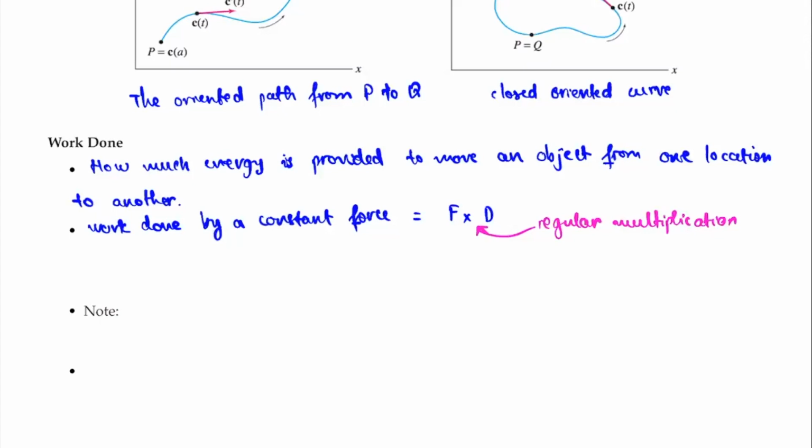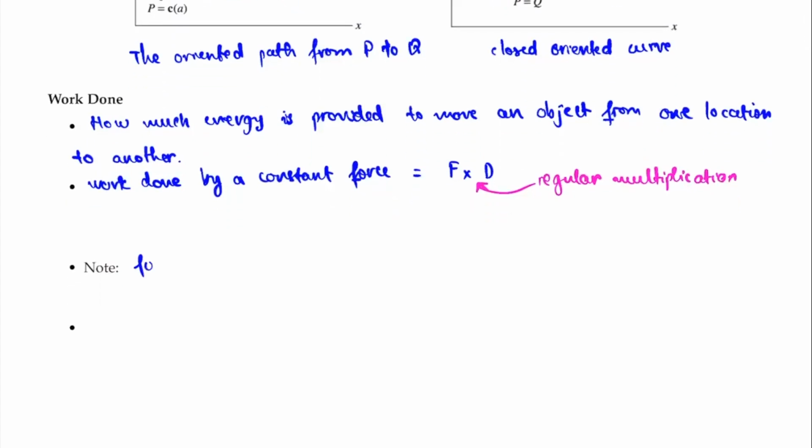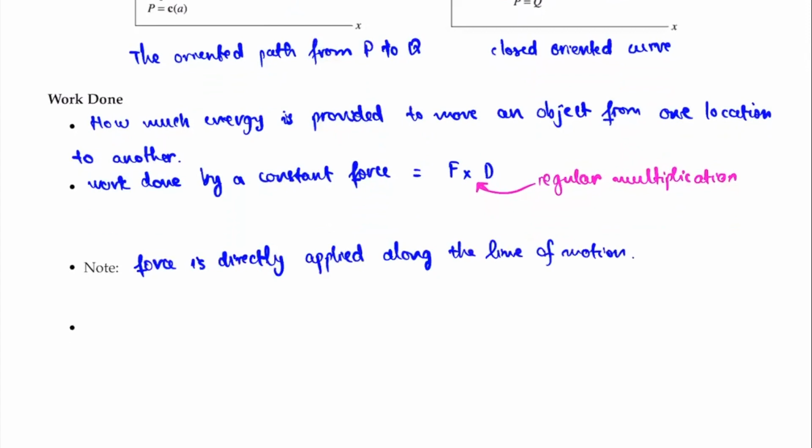I want to give you a note here that the force is directly applied along the line of motion. So most of the time we just push the table in the direction of motion, and the constant force that you apply is also in that direction.